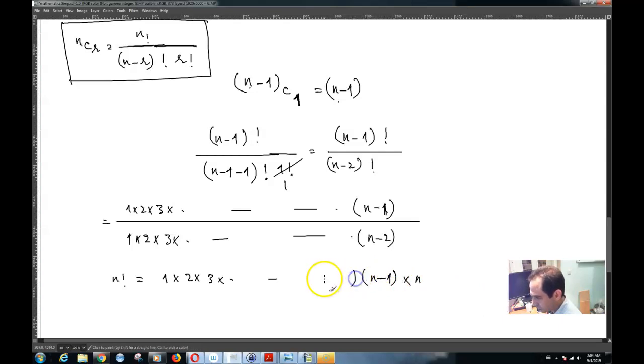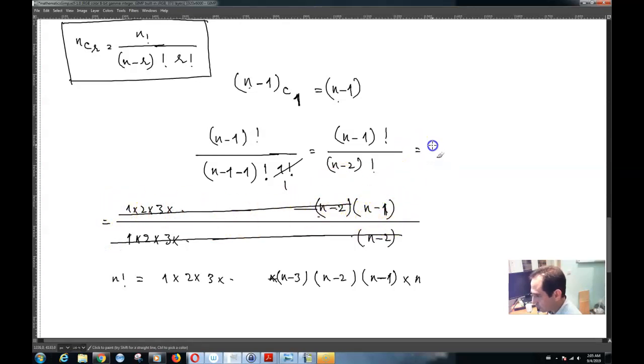Before n minus 1, you will always have n minus 2, before n minus 2, you will always have n minus 3, and so on and so forth. So if I write this way, I can simplify all of these terms with all of these terms, and I will be left with n minus 1, which is exactly what I said over there.